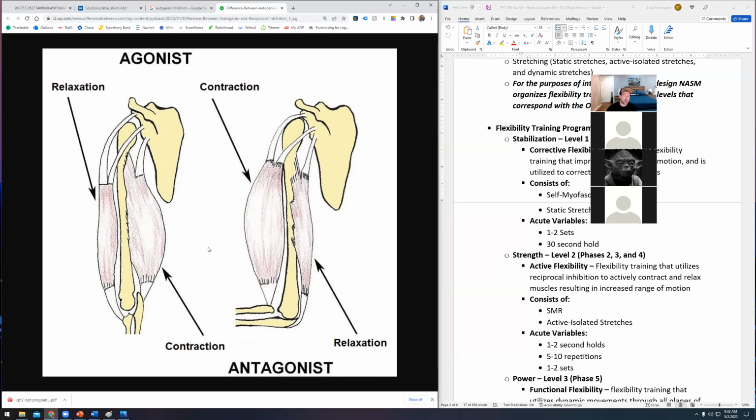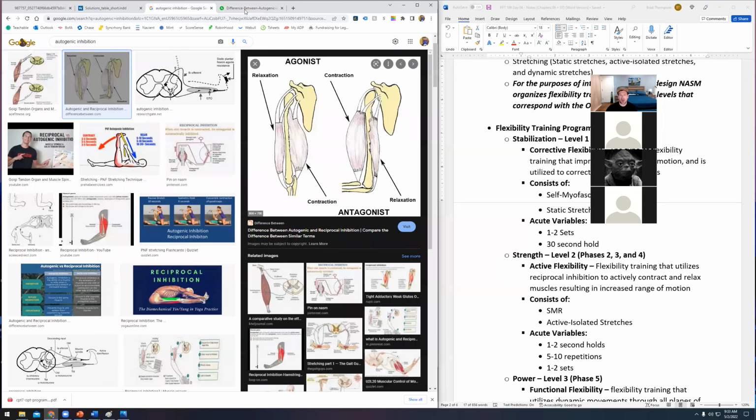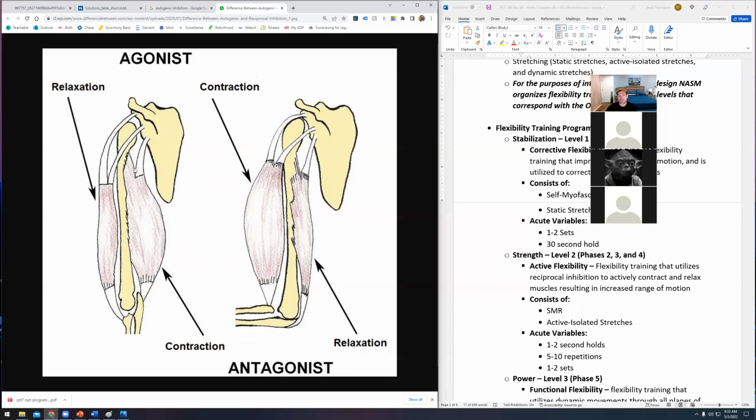We're talking about autogenic inhibition. Autogenic inhibition is where, if you put tension on this muscle, usually near the Golgi tendon organ, I might put pressure here, or I might just pull the muscle apart end to end, which puts pressure on both sides of the tendon.